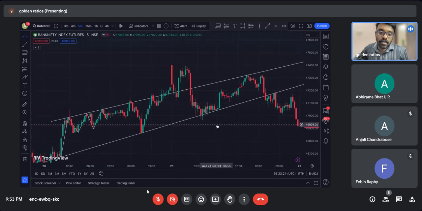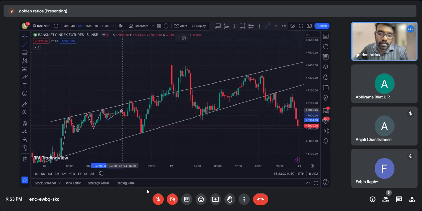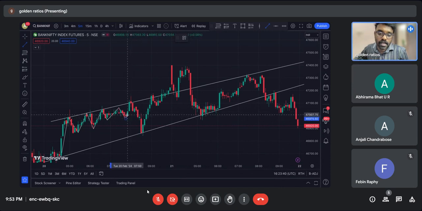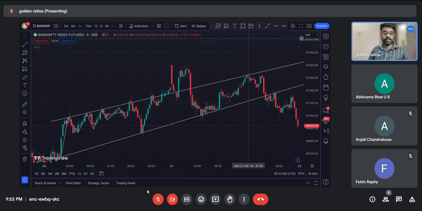So what will traders wait for? They'll be waiting for a breakout. See, this was a fake breakout here. You know what is meant by fake breakout?